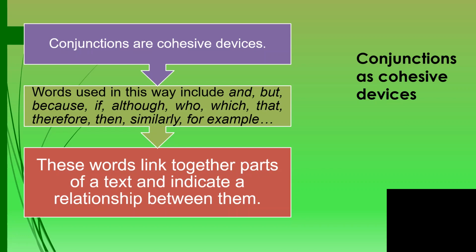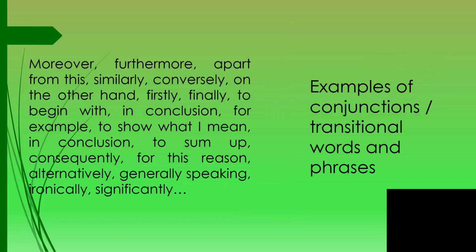For example, means that we're speaking generally, just before, and now we're going to be specific. We're going to give an example. Anyway, you have a wider set of examples here, and what you have here are not conjunctions, but linking words or transitional words and phrases. Anyway, these words are a very obvious type of cohesive device.